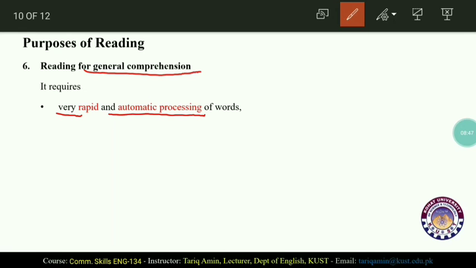My purpose in reading the topic is not to prepare for my examination or to look at specific information, but to have a general understanding of the text, to generally comprehend it. We read lots of texts for general comprehension purposes.